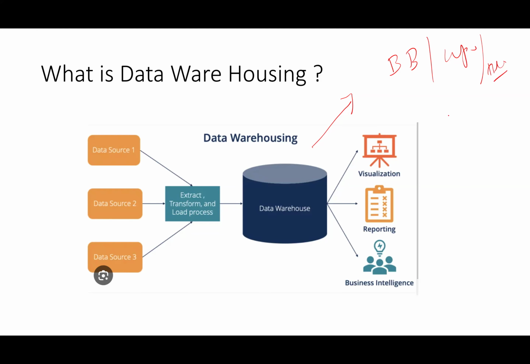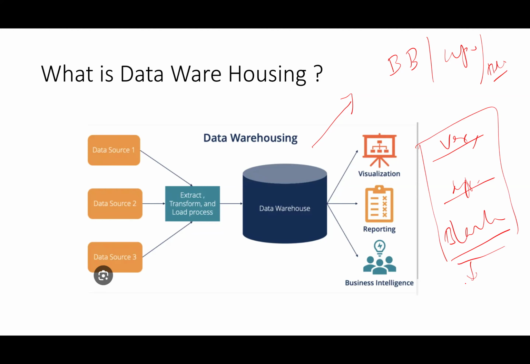If you order n number of items like vegetables, eggs, or blankets, these are all different items, but they are stored in something called a godown or warehouse.